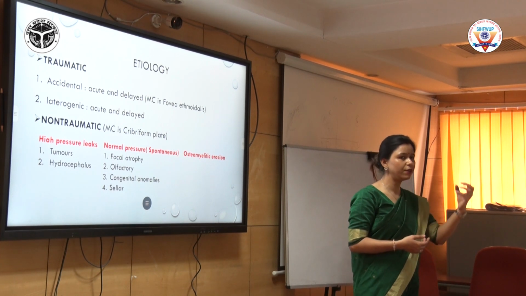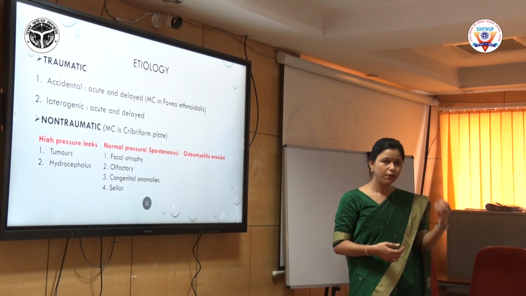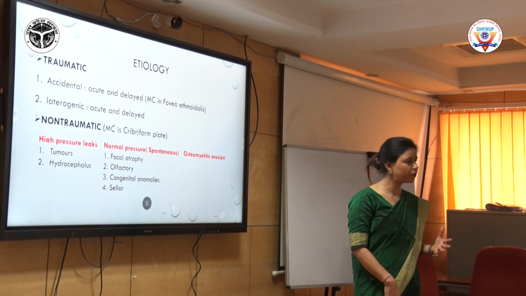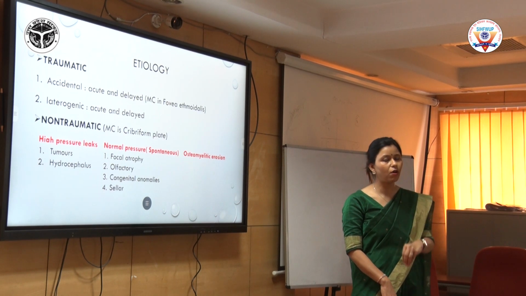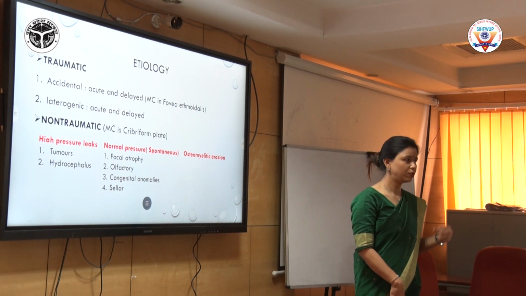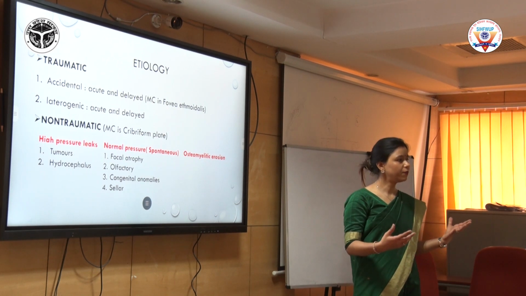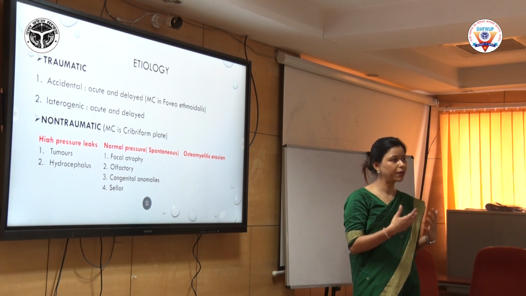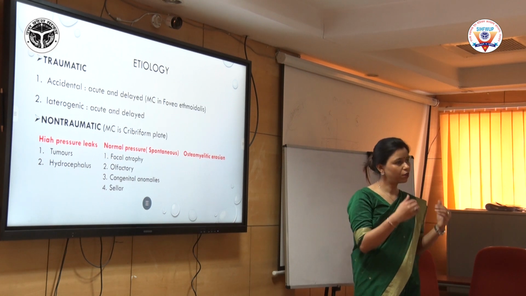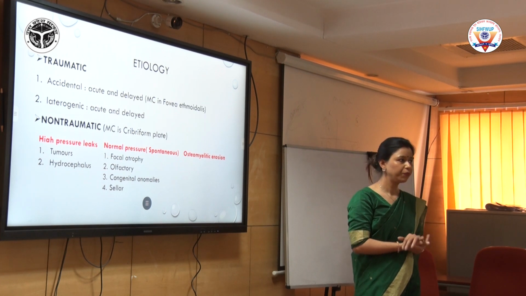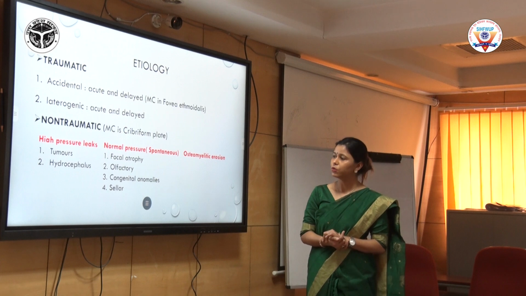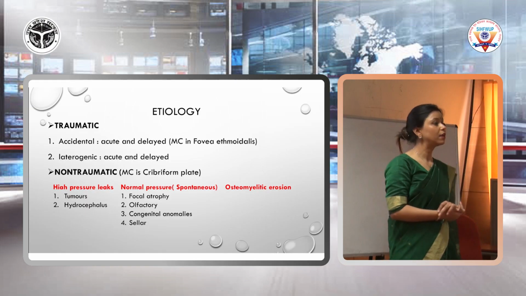We know there are 20 olfactory filaments, olfactory fibers that enter through the cribriform plate, and they carry along with them the dura and the arachnoid. If this dura and arachnoid become filled with CSF, it will prolapse and give rise to CSF rhinorrhea.